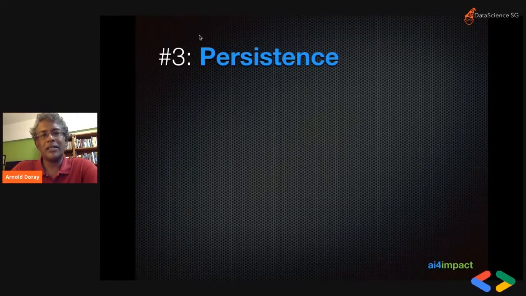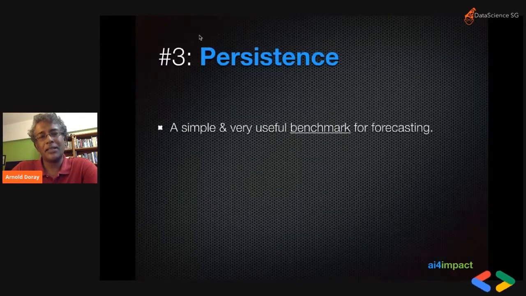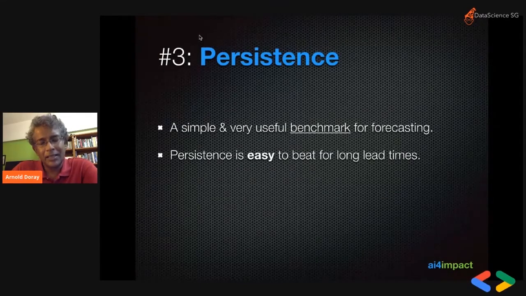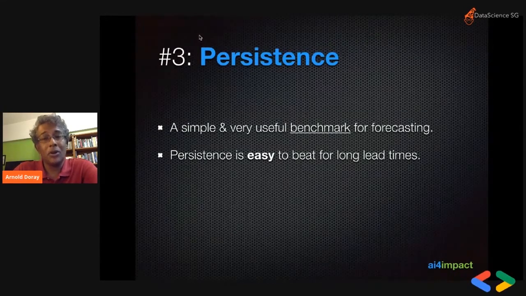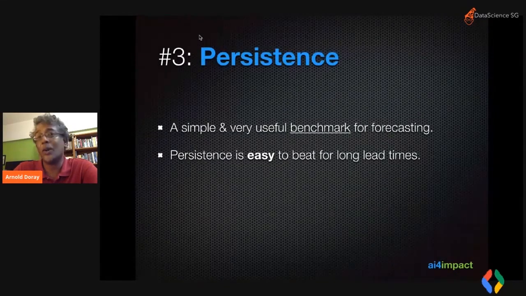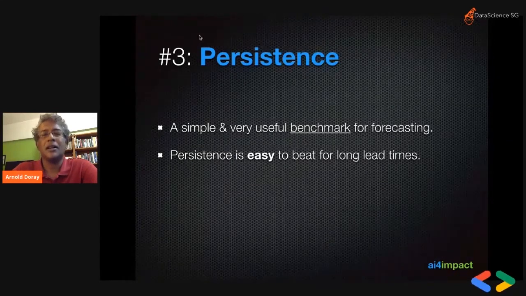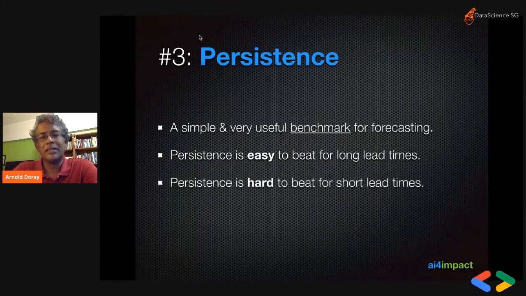It's a very simple forecast and a useful benchmark, and we start with that. Persistence is easy to beat for long lead times. For example, if you ask for a forecast of stock price 1 year ahead, persistence is a bad forecast. But persistence is very hard to beat for very short lead times, especially if the thing you're trying to forecast doesn't change very much.